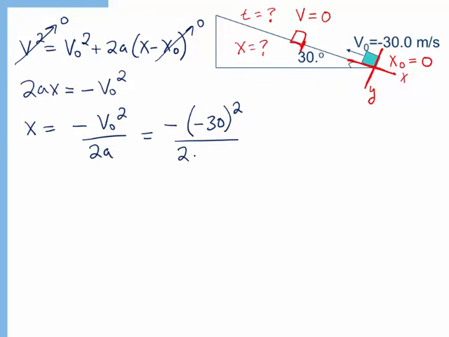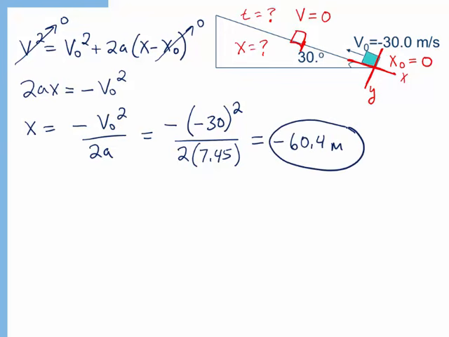And then we divide by 2 times our acceleration that we determined to be 7.45. What we end up with is negative 60.4 meters. And again, that makes sense because the object ends up to the left of where it started.